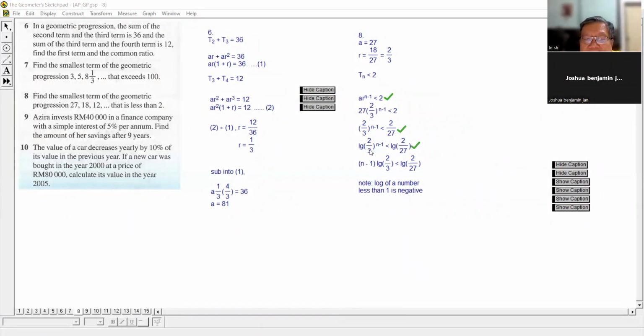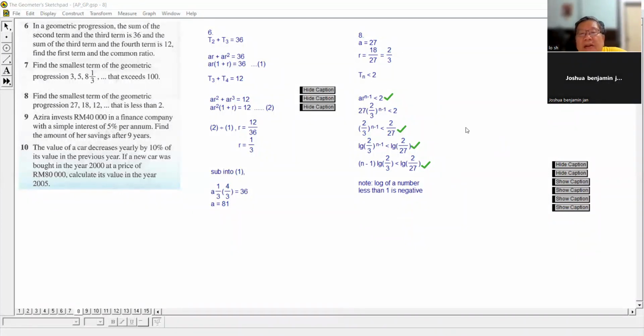Now, the reason why you want to take log is you bring this n minus 1 to the front. According to the law of logarithm, you can bring the n minus 1 to the front. When you bring the n minus 1 to the front, you still leave it in the bracket form and don't open up the bracket. Okay. So this step, okay or not so far?